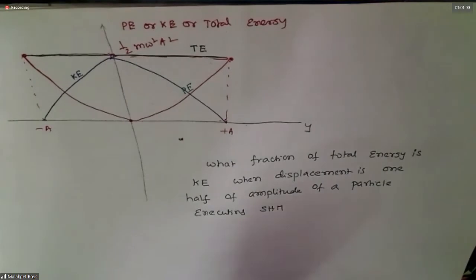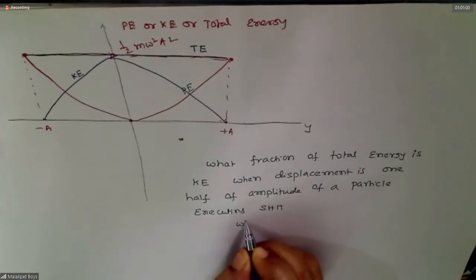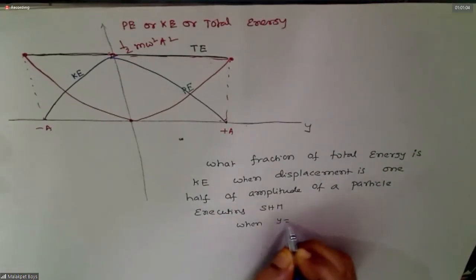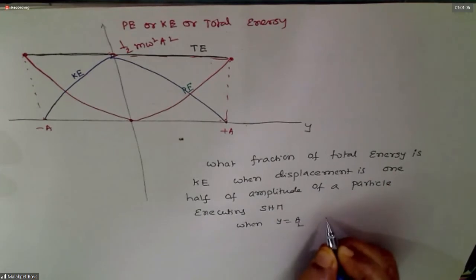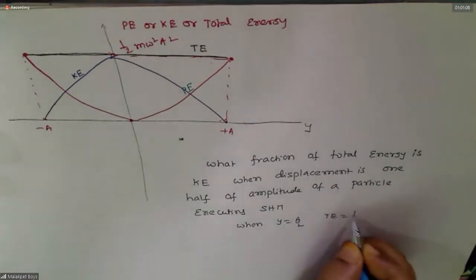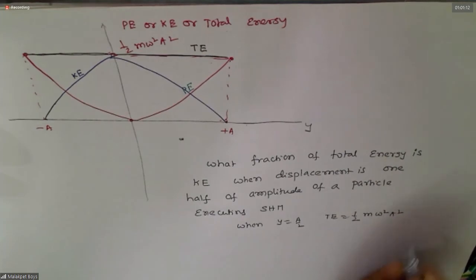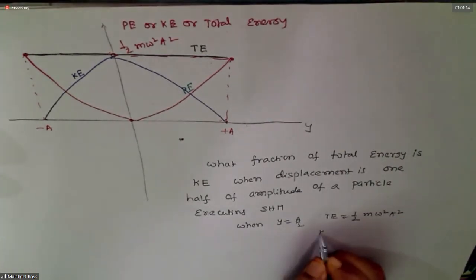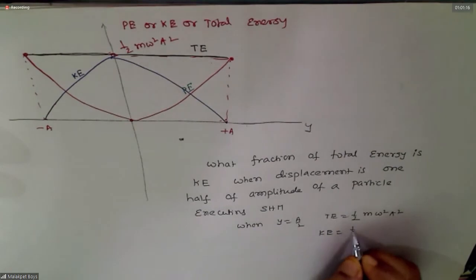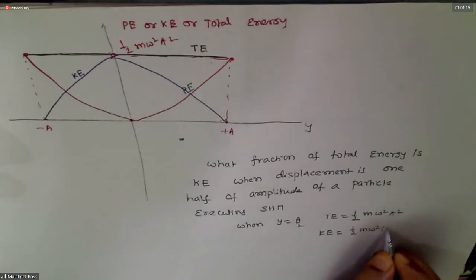See, what is the total energy? Sir, half m omega square a square. Total energy is half m omega square a square, and K is half m omega square, a square minus y square.